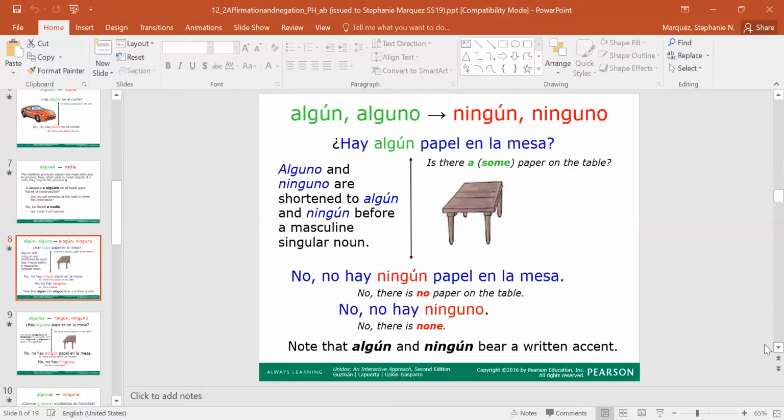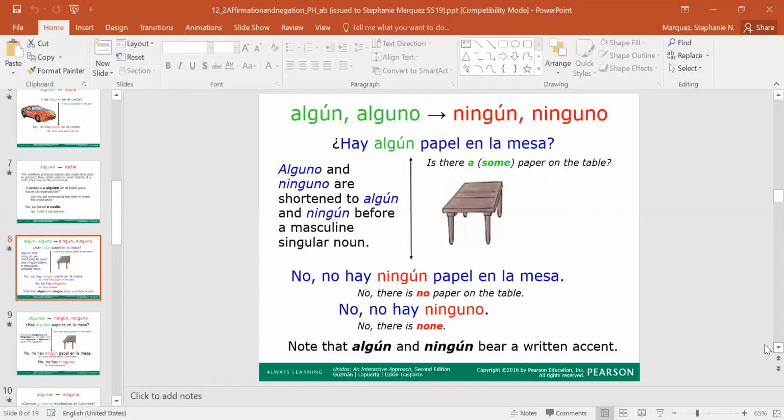So again, alguno means a or some, and ninguno means no or none. But the grammatical component that I was trying to show you was that in their base forms, they are alguno and ninguno. They generally match what they are describing. So you will see these words in that form, alguno, ninguno. You will see it, like I said already, as alguna, ninguna. You will see it as algunos, ningunos, and algunas, ningunas.